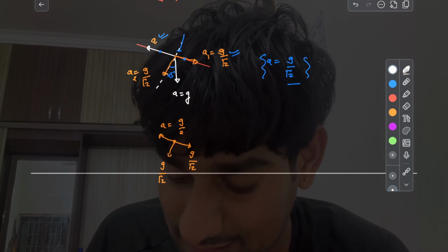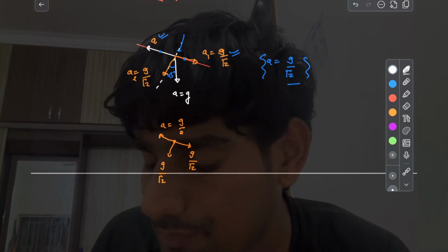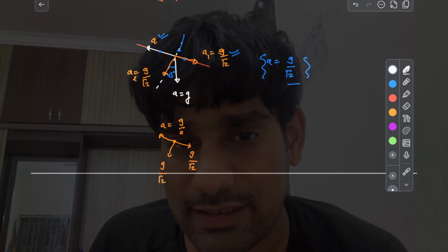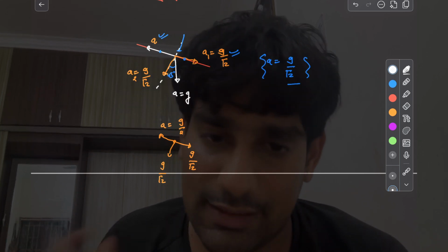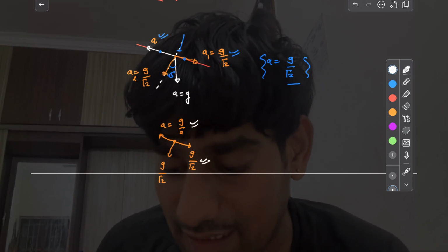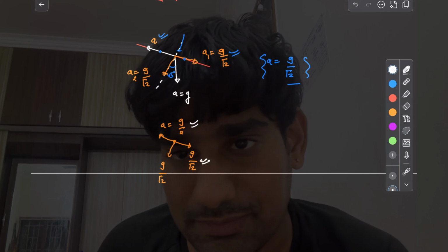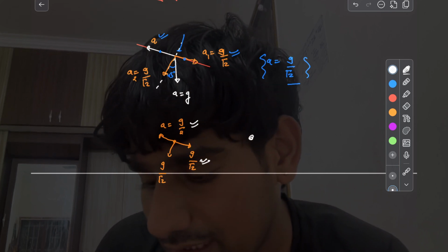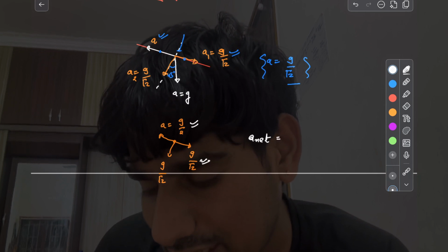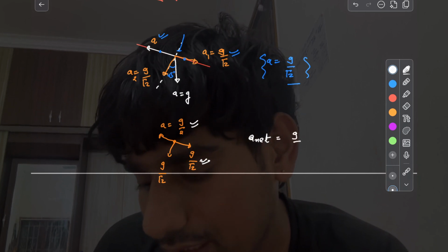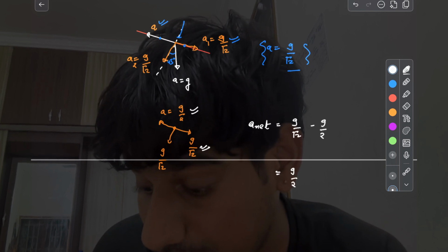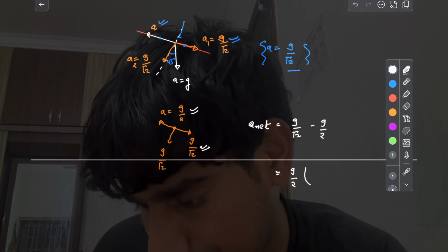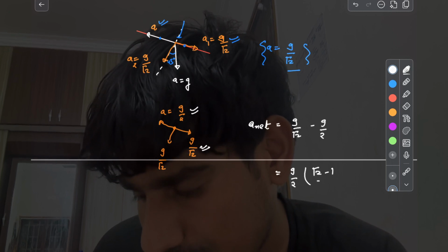So a is g by 2. Now look here, who is going to create the pressure variation? The acceleration which is along that line is going to create the pressure variation. So let us calculate the net acceleration in that direction. It will be g by root 2 minus g by 2, which I can write as g by 2 times (root 2 minus 1).